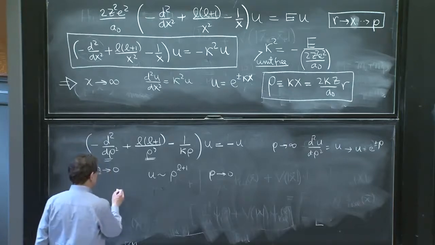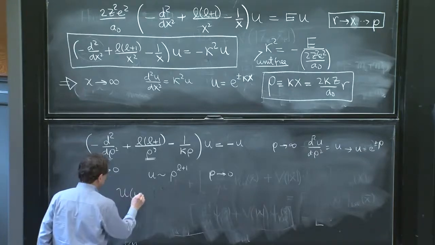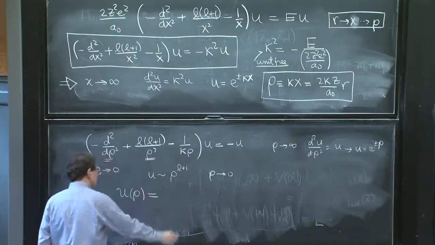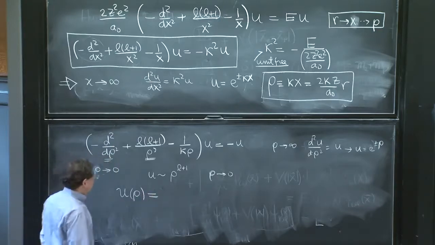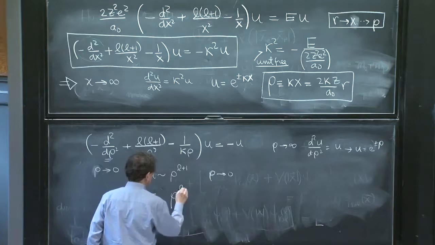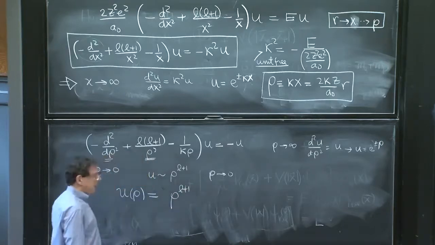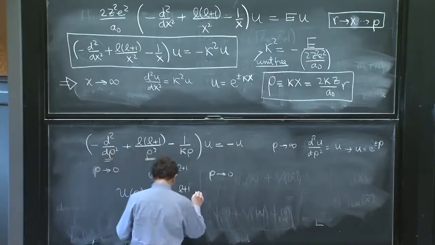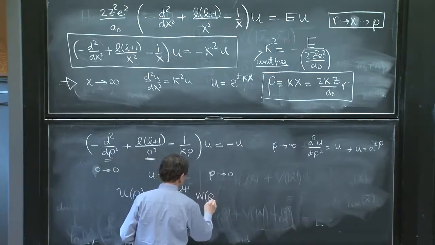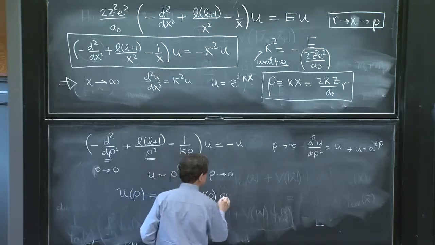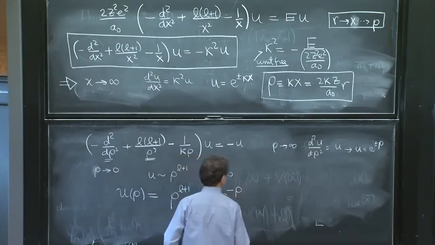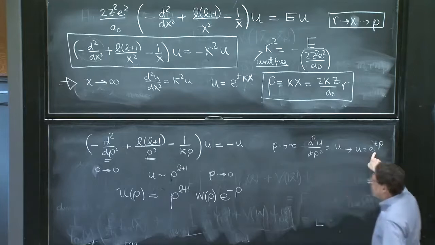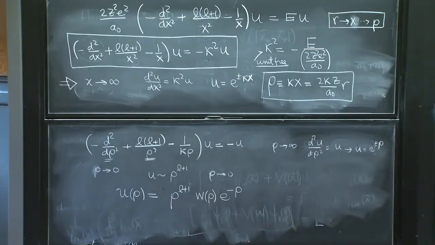We try something better, which is we set u of rho, the solution, and we write an ansatz. It's going to be rho to the L plus 1, which will have the right behavior for rho going to 0, times an unknown function, w of rho, times e to the minus rho, which is the right behavior we want. Now, there's no assumption whatsoever when you write an ansatz of this form.